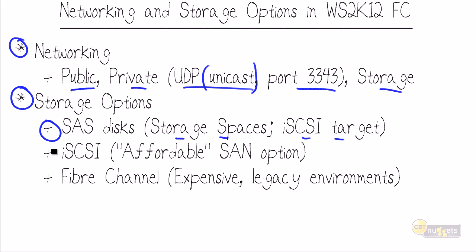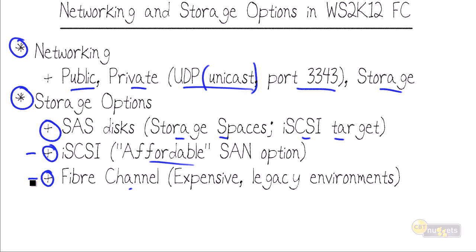Now, why would you want to go with iSCSI or Fiber Channel, given that iSCSI is much, much cheaper than Fiber Channel? You can leverage your existing Ethernet backbone, and Fiber Channel requires separate cards, host bus adapters, or HBAs as they're called, cabling, fiber channel switches, and all that. It's proprietary. Well, basically, it's a question of, do you already have Fiber Channel?